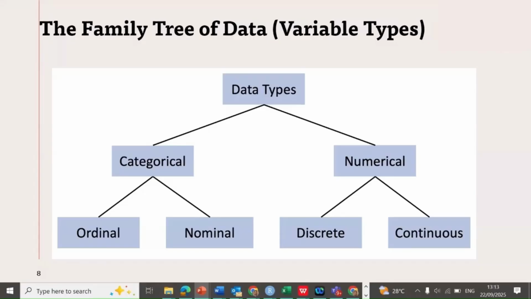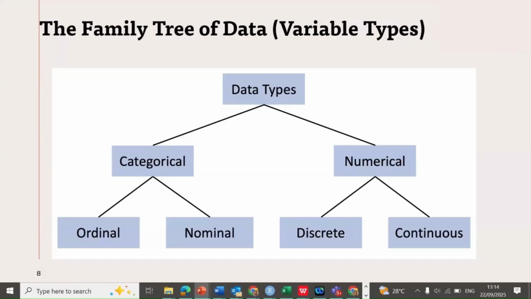On the other hand, numerical data is divided broadly into two: your discrete and your continuous. Your discrete variables are whole numbers, which means they cannot have decimals in them. An example of a discrete variable can be the number of children in a household. You can have 2 or 3 or 4 or 5 children in a household, but you cannot have something like 2.5 or 3.5 children.